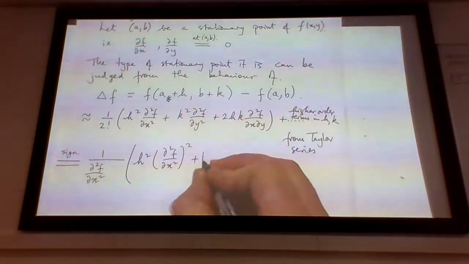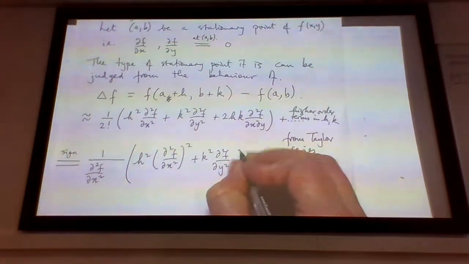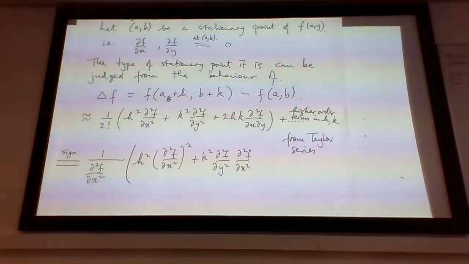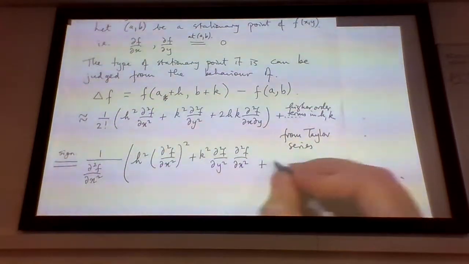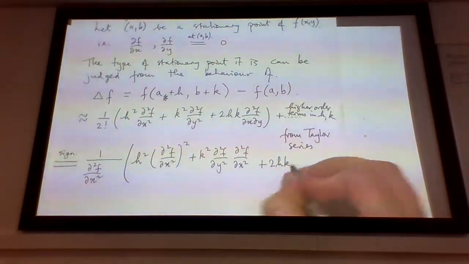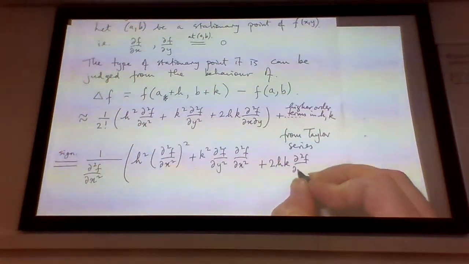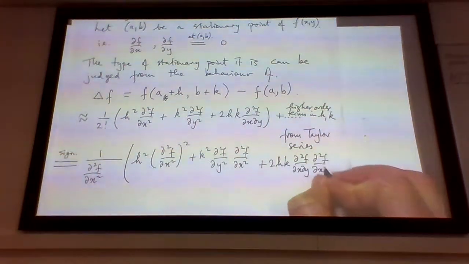And here I'll have k squared d2f dy squared d2f dx squared. And then here I'll have plus 2hk d2f dx dy d2f dx squared.